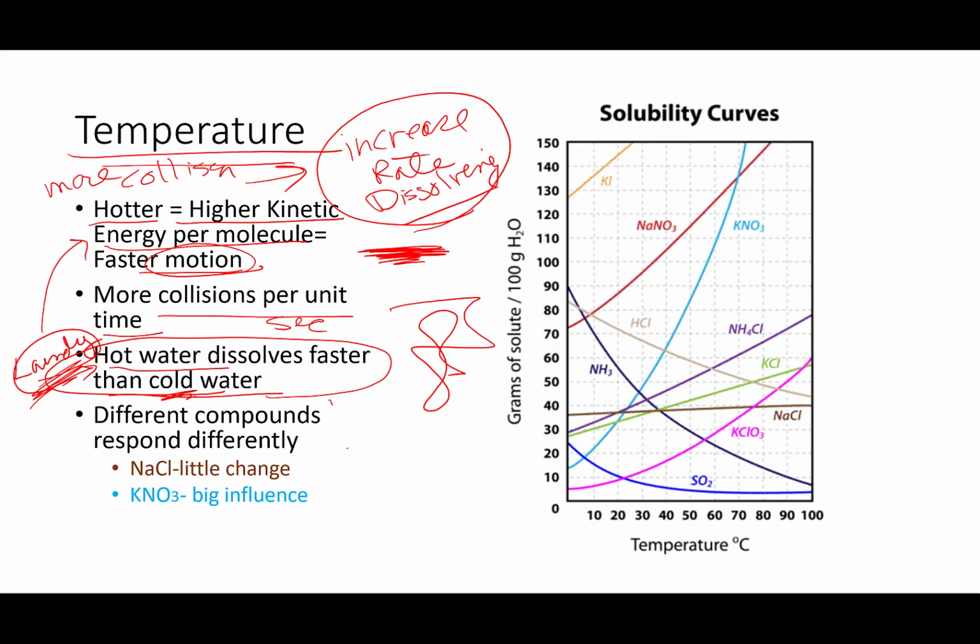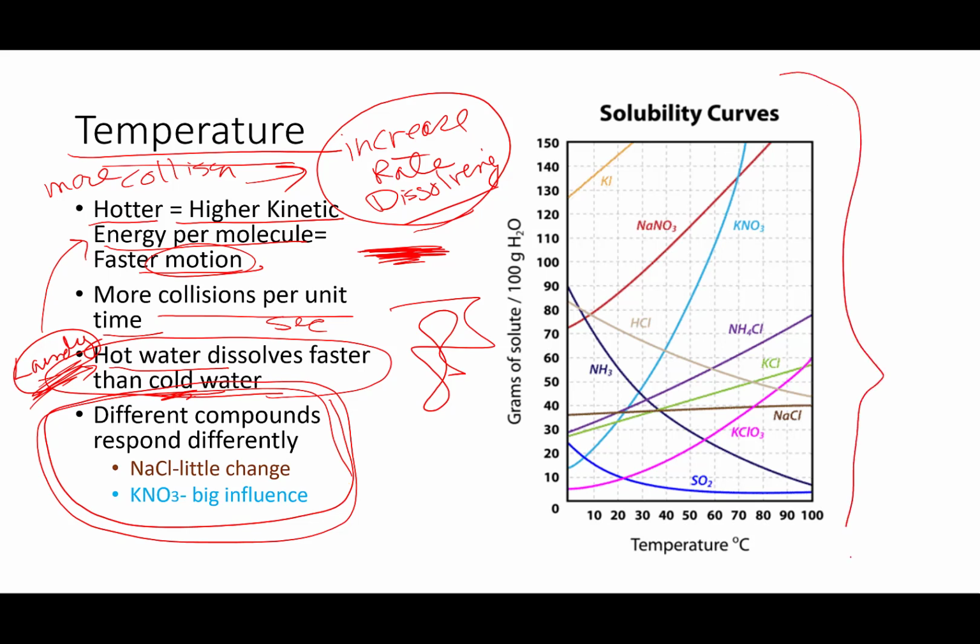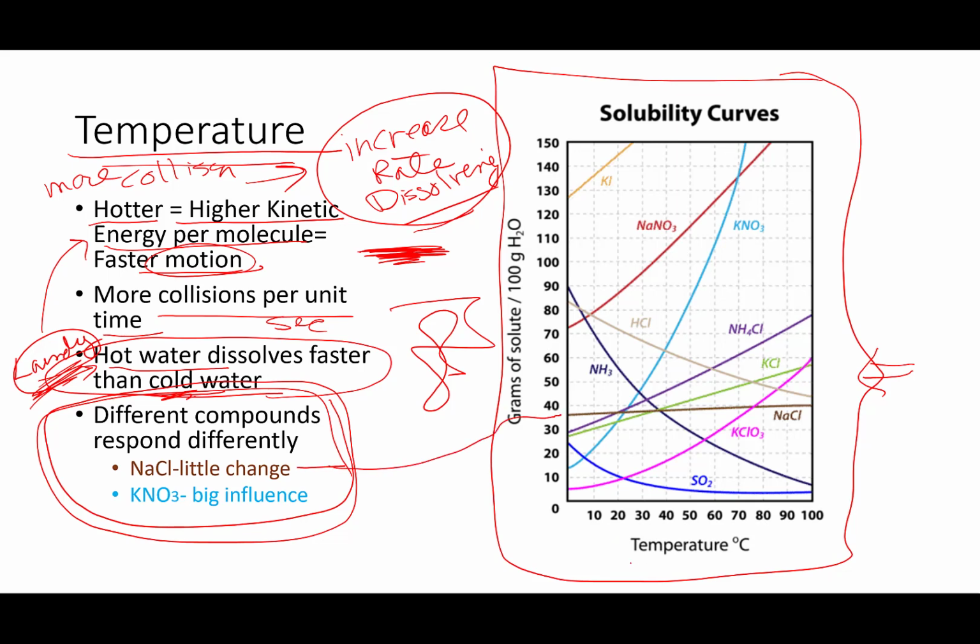But different compounds are going to respond differently to that rate of reaction. And I'm not going to ask you to interpret solubility curves, but I want you to have seen one and see what it means. Now, an illustration like this is in every chemistry book on planet Earth. If we look at sodium chloride, plain old ordinary table salt, temperature is here on the x-axis.